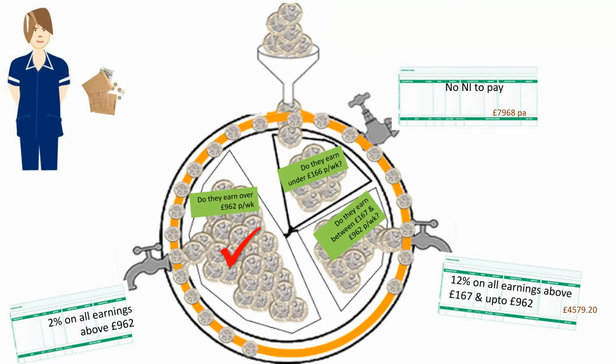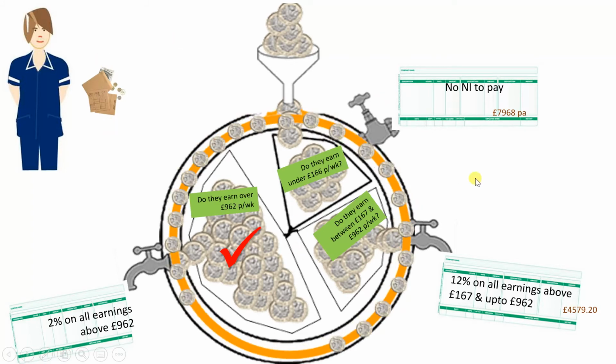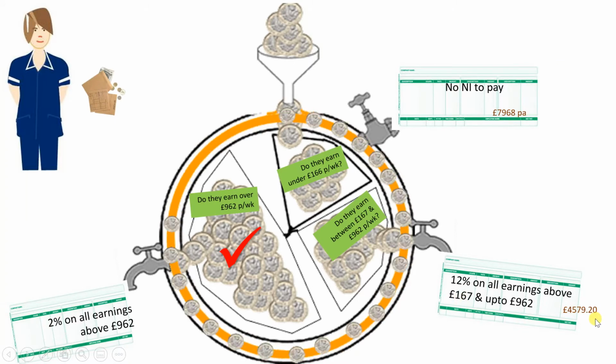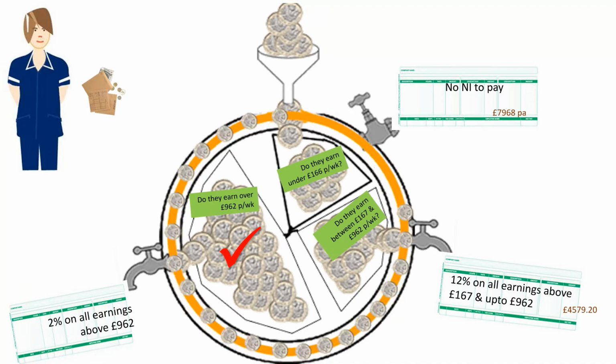So what we now need to do is calculate this third portion. The first portion of her salary, the £7,968, there was no national insurance. The second portion of her salary, which was £38,160, gave her a bill of £4,579.20. That was her 12% bill, and that leaves her with £73,872 that hasn't had any national insurance applied to it.